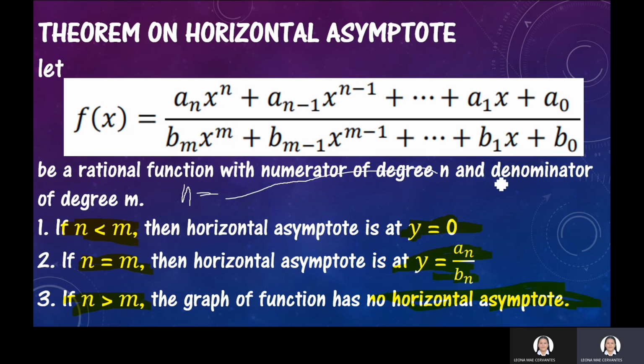Then M, highest degree ng denominator. Okay? N, highest degree ng numerator. M, highest degree ng denominator. Next.